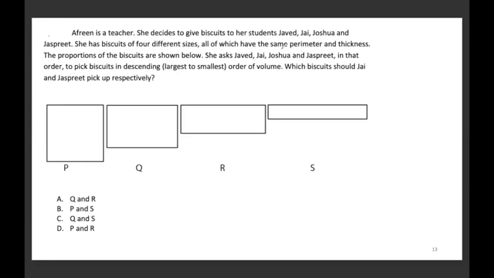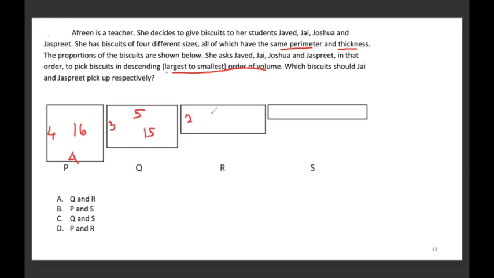Now in this case we know perimeter और thickness same है. So all we have to look into कि area में क्या फर्क आ रहा है. वही फर्क आएगा आपका volume में from largest to smallest when we are arranging it. Okay. So here if we assume कि P वाला जो biscuit है वो square है, वो 4x4 unit से बना हुआ है. In that case Q will be made up of a 3x5 unit. 4x4 मतलब ये 16 area होगा, इसका 15 area होगा.